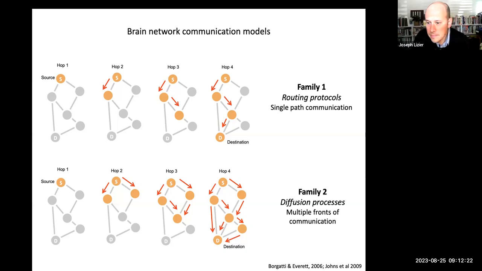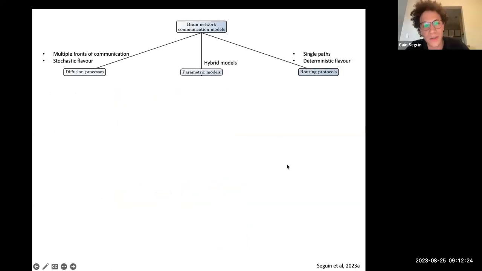And in this next slide, I tried to summarize into a taxonomy all of these different ways of thinking about communication in networks that have been applied to brain networks. So we start with these 3 families. We have the diffusion processes, we have routing protocols, and we have these parametric models that are hybrid in between the 2, which I'm going to explain in a second.